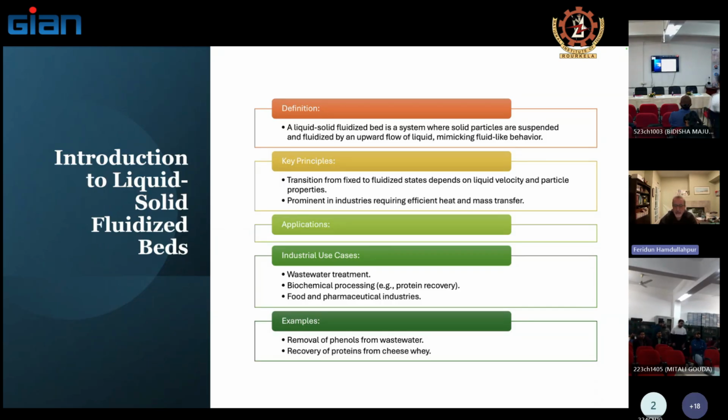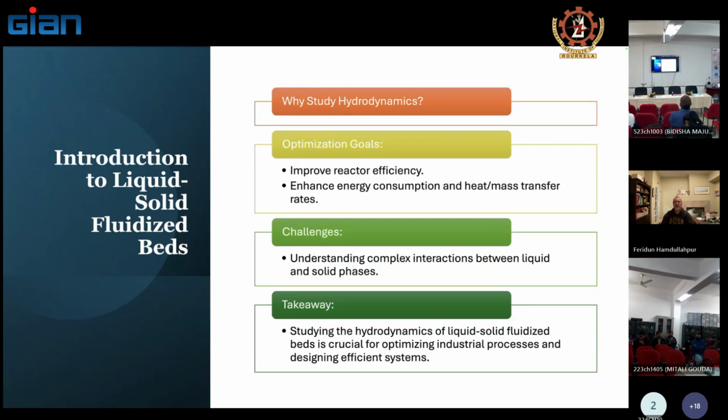Again, by using certain agents and catalysts, we can remove phenols from wastewater, which is very much present, or remove proteins from cheese whey. As in all cases, it will improve if we understand the hydrodynamics well and design accordingly.